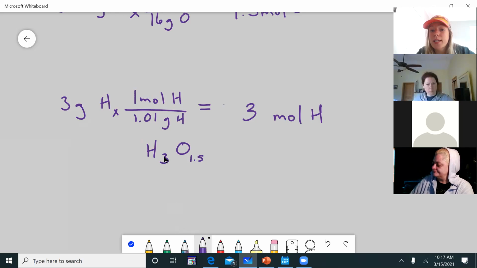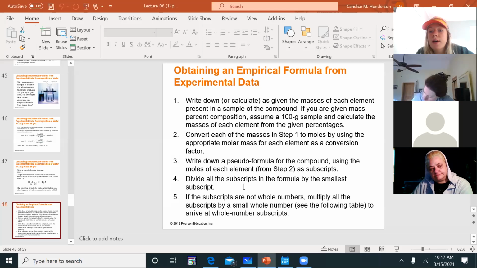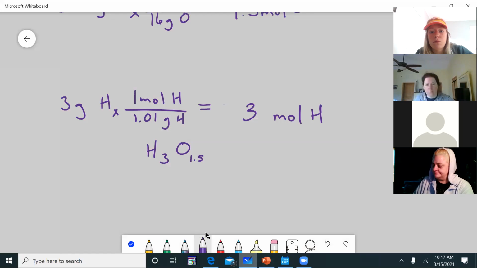So the quickest way to get this to a whole number ratio is the next step, which is divide the subscripts in the formula by the smallest subscript. So whatever the subscript is that's tiniest as far as a decimal is concerned, divide it by that. And you don't just divide this one, you divide the whole thing. So the smallest subscript here is the 1.5.